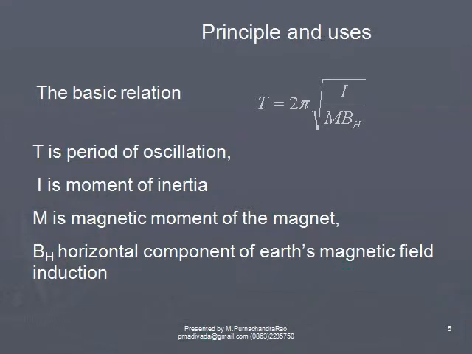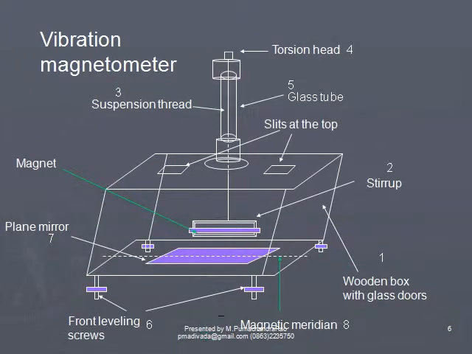Here, T is period of oscillation, I is moment of inertia of the magnet, M is magnetic moment of the magnet, and BH is horizontal component of Earth's magnetic field induction.